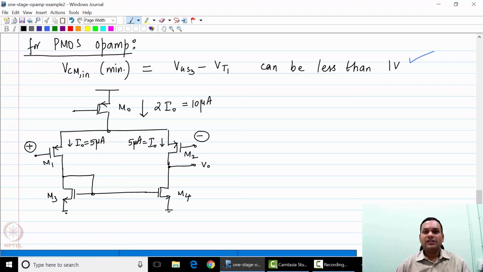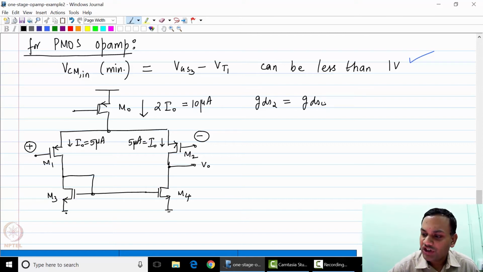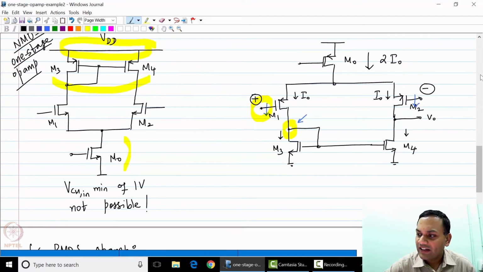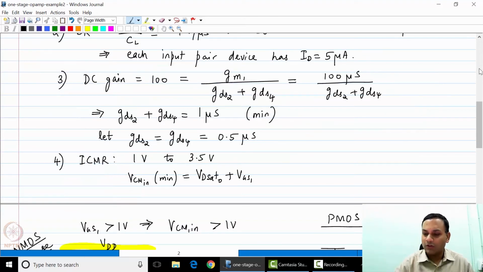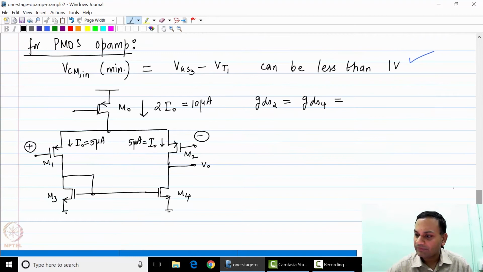Now based on this we can calculate the W over L, etc. So let us come back to the expression for GDS2 and GDS4, because the minute you know the bias current you can calculate the value of the length of the device. As you can see, GDS2 is equal to GDS4 is equal to 0.5 microsiemens.